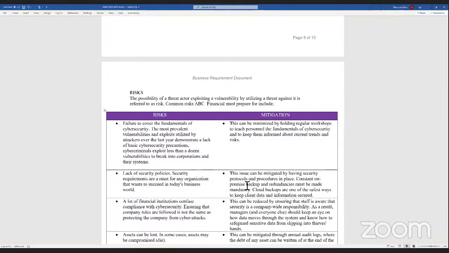So again, this can be done by reducing people who have access to client information, where we're going to introduce the principle of least privilege. Like if you're not of a certain rank, you can't have access to certain kinds of information. That's what I meant here.